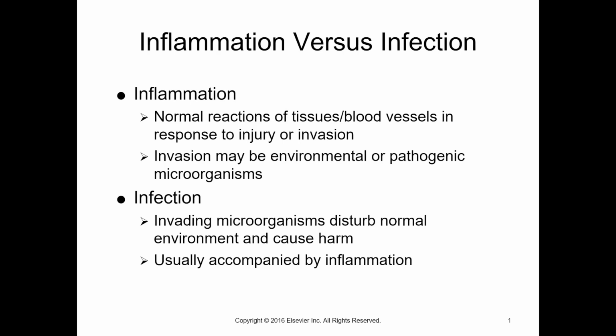As we talked about in a previous overview, infection is a rather complex process, and so is inflammation. But the idea with inflammation is it's all about tissue repair, and these things actually happen together. So if you have infection, you have inflammation, but you can have inflammation without infection.